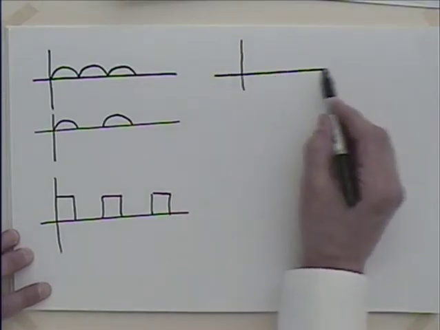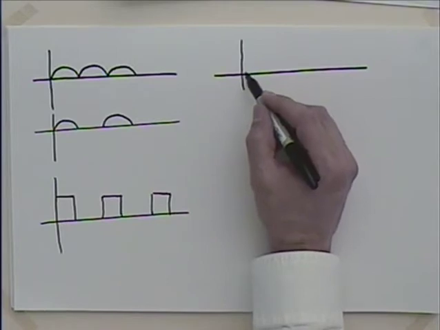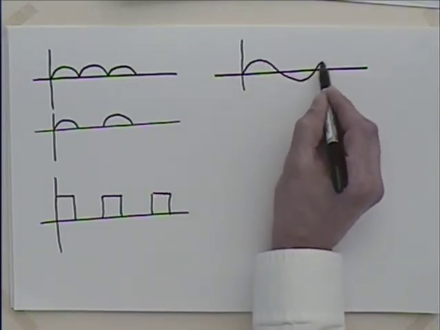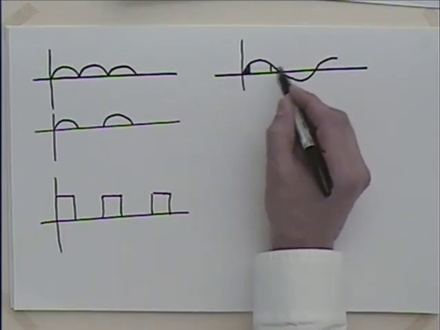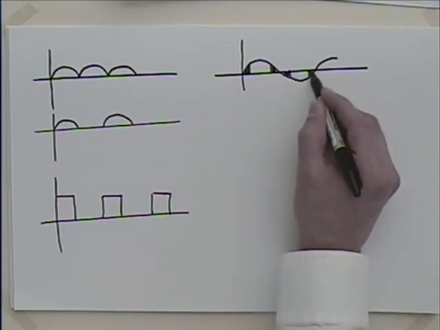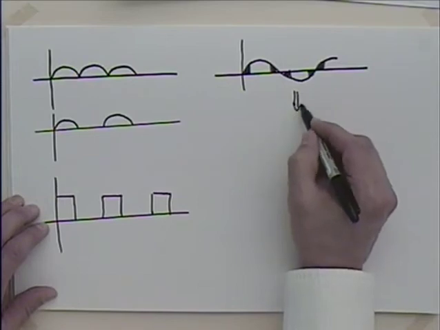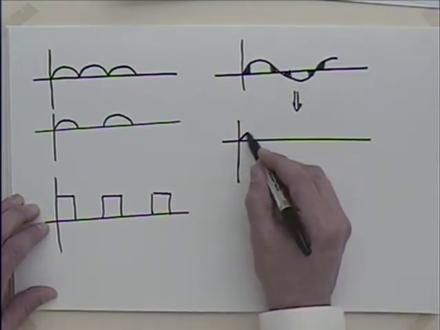Or maybe we'll look at, I think last term, didn't I bring in a light dimmer? We took this sinusoidal wave, and we said the dimmer really just turned it on during this region and turned it on during this region, on during this region and this region, so we really ended up getting a wave that looked like this.